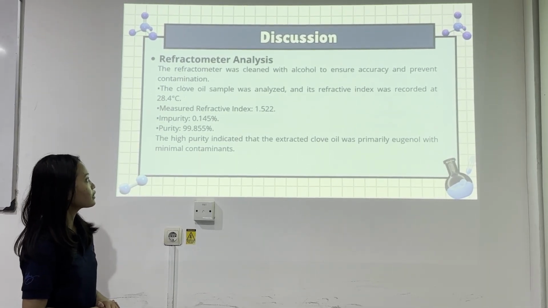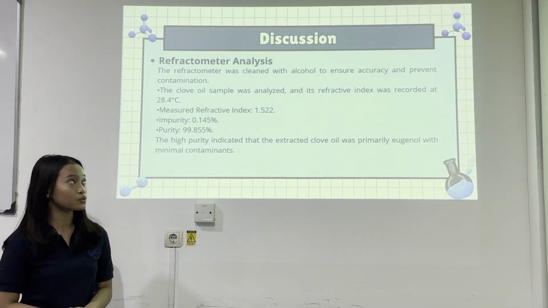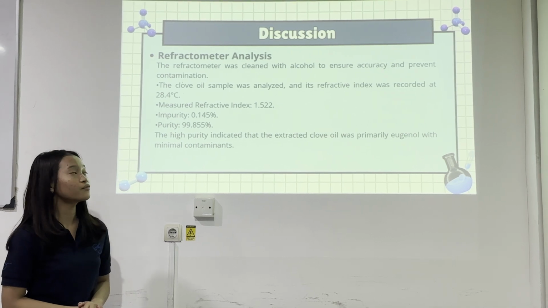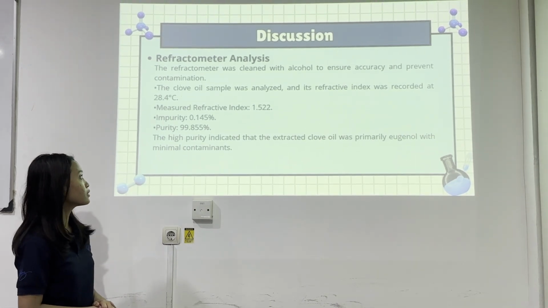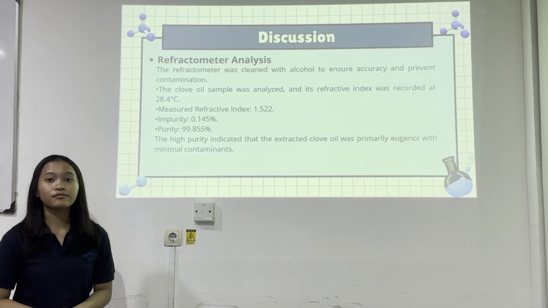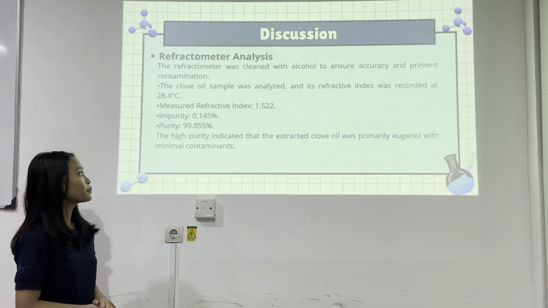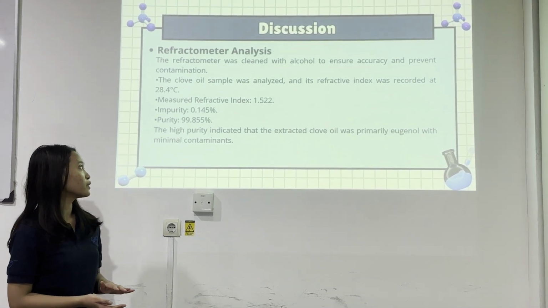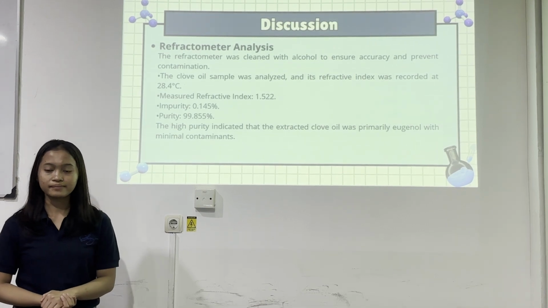Measured refractive index 1.522, impurity 0.145% and purity 99.855%. The high purity indicates the extracted clove oil was primarily eugenol with minimal contaminants.